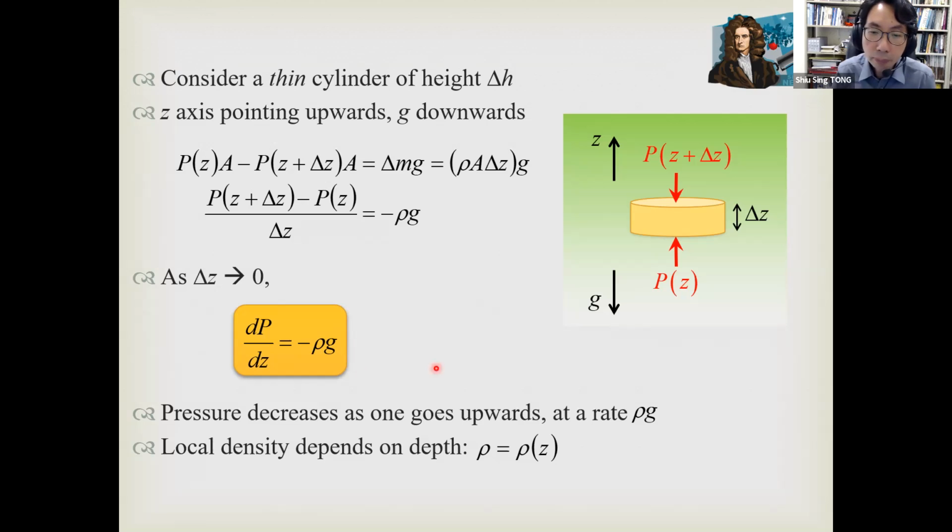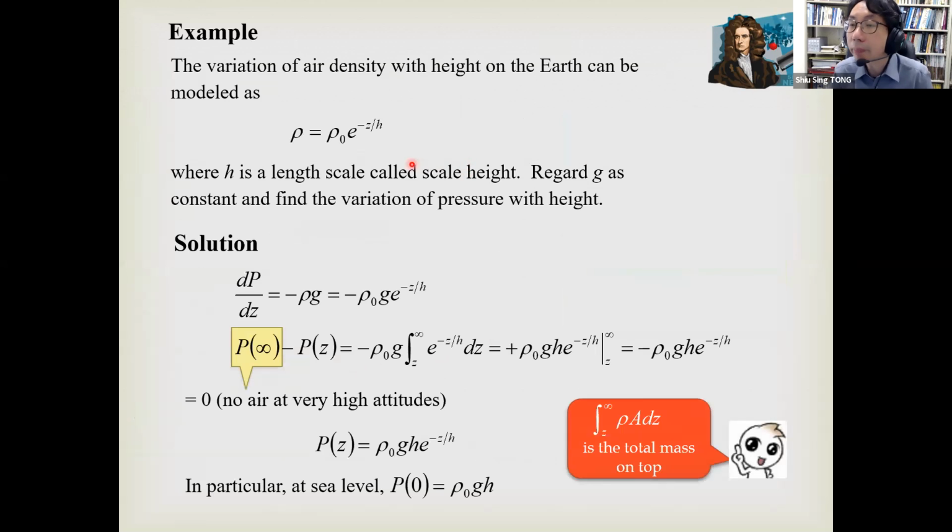Now, for simplicity, we may assume a certain model of the density, how the density varies with height. For simplicity of discussion, we assume a very simplified model where the density varies exponentially, decaying with height.